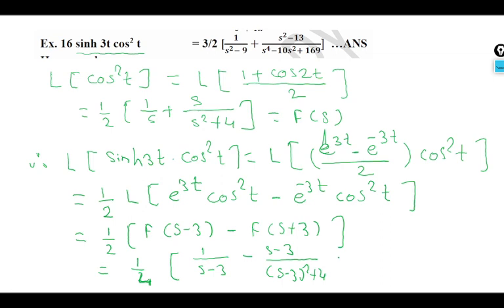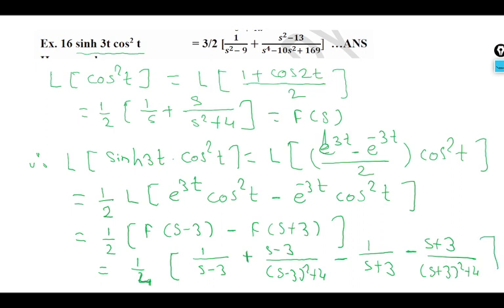Minus, now we write F of s plus 3, so this comes as 1 upon s plus 3, plus s plus 3 divided by (s plus 3) bracket square plus 4.